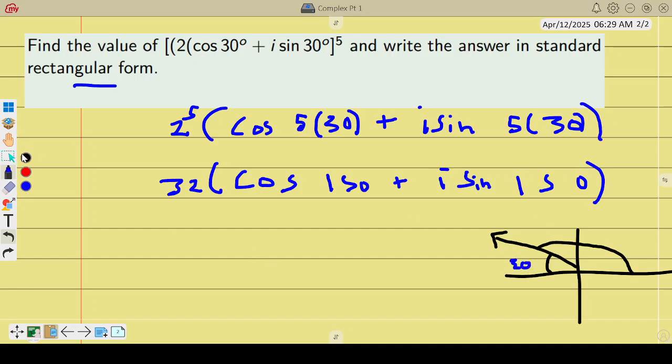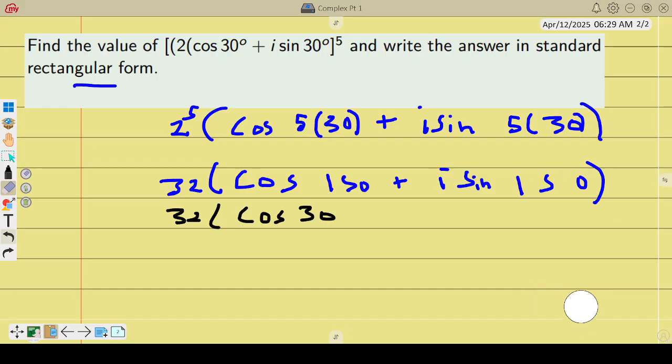So where we have 32 cos 150, we can write it as cos 30, and i sine 30 as well.